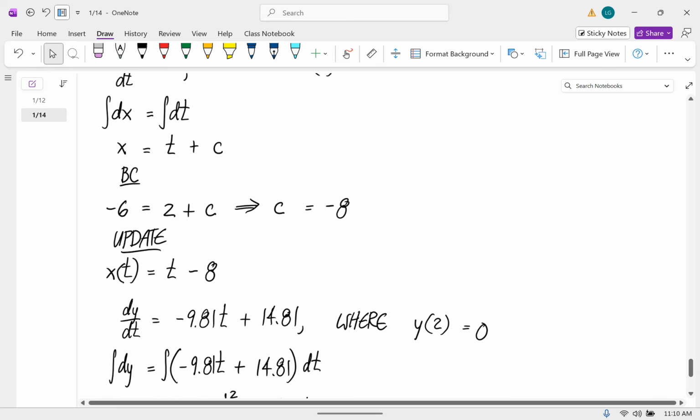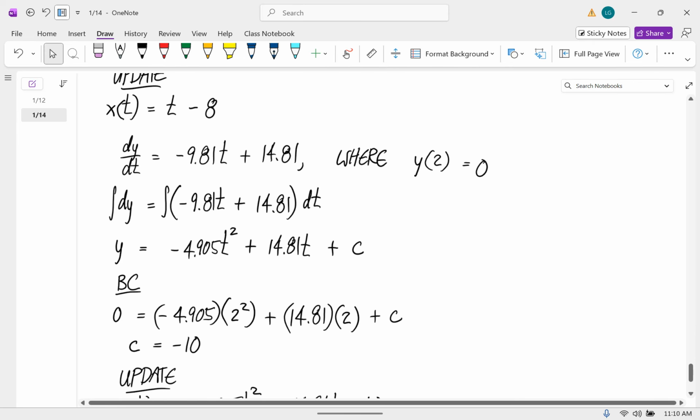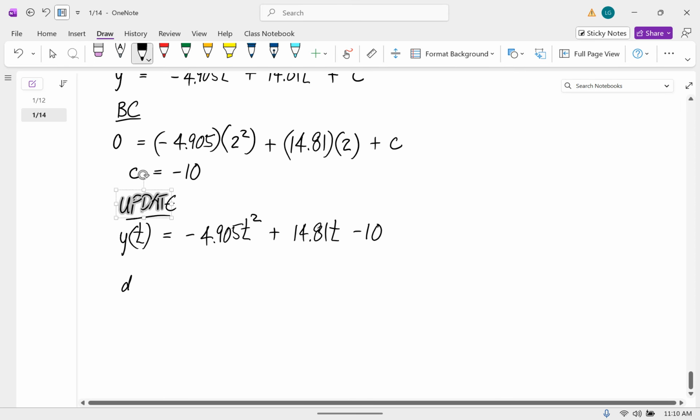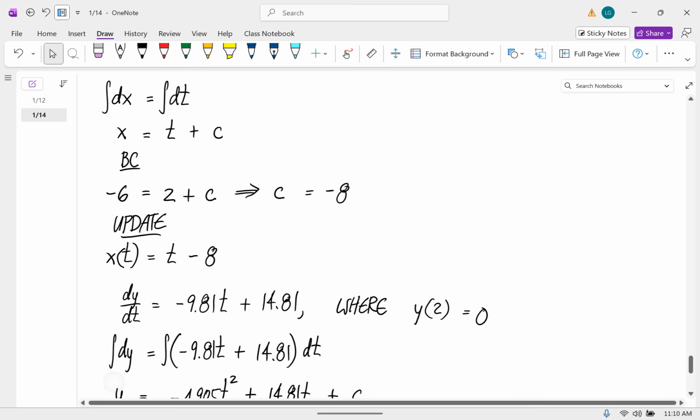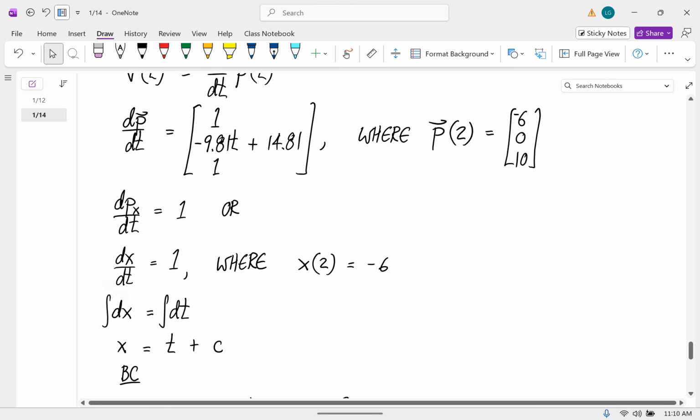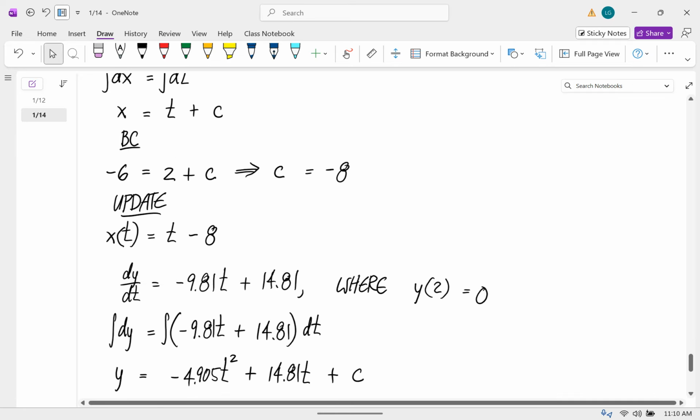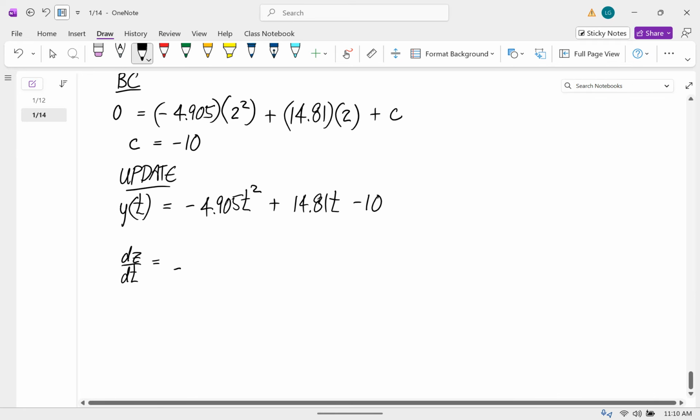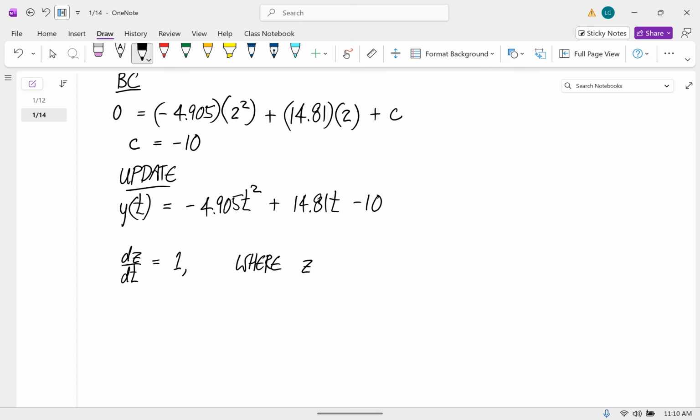And then I'll just do the third one. So we have dz dt is equal to 1, where z at time equals 2 is equal to 10.